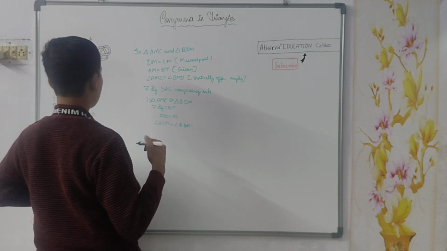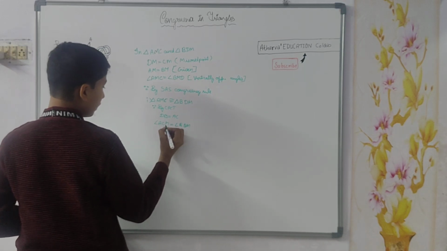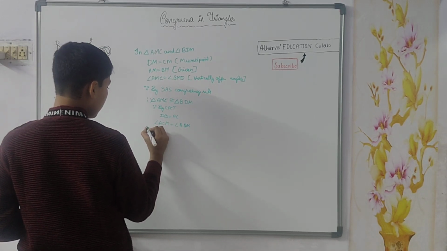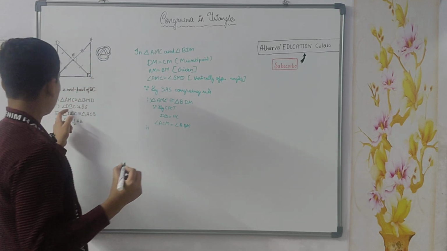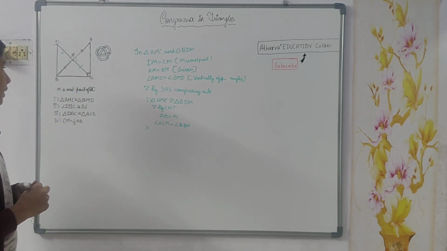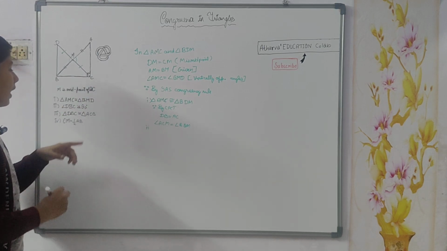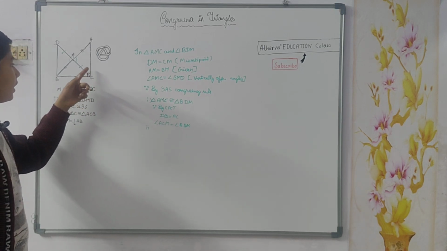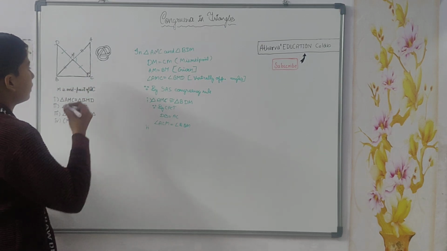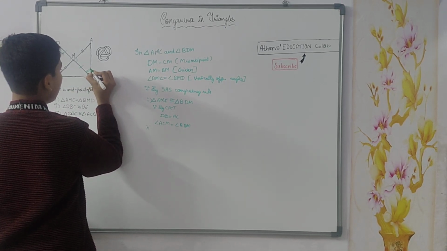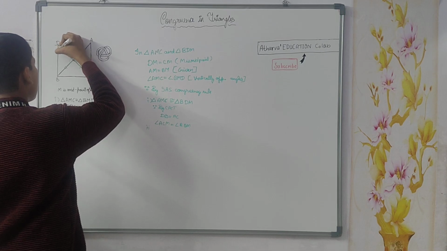Now let's come further. Second one, we have to prove DBC is 90 degree. You can see it is given that angle C is 90 degree, and you can also see that this angle equal to this angle.